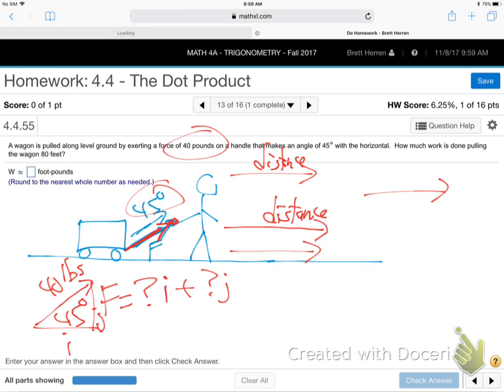Remember what we learned in last night's homework? The sideways component is always cosine, and the vertical is always sine. X is always cosine, y is always sine.